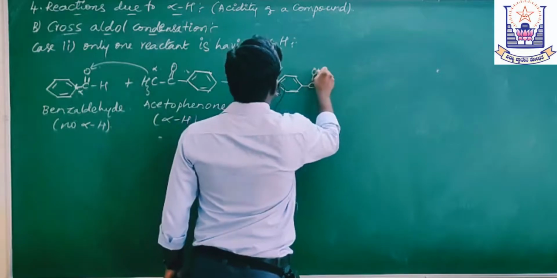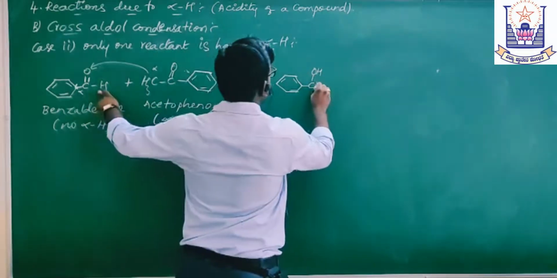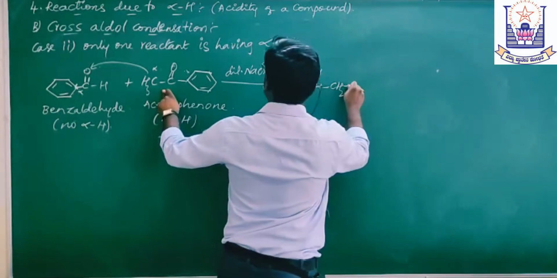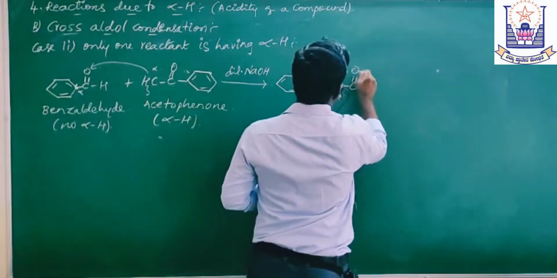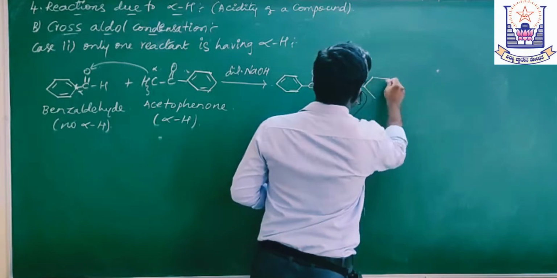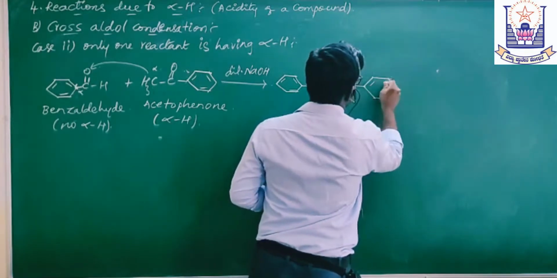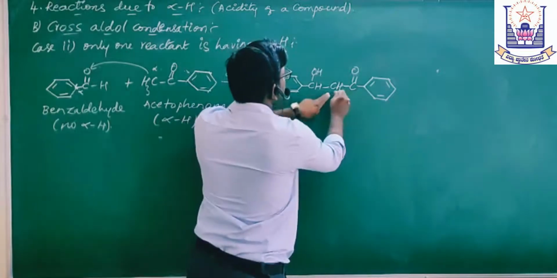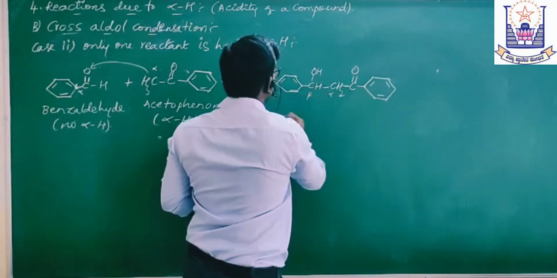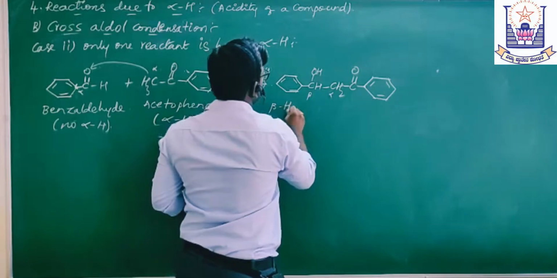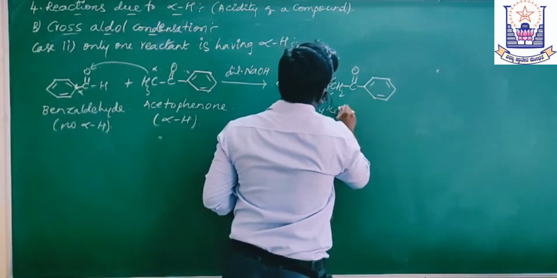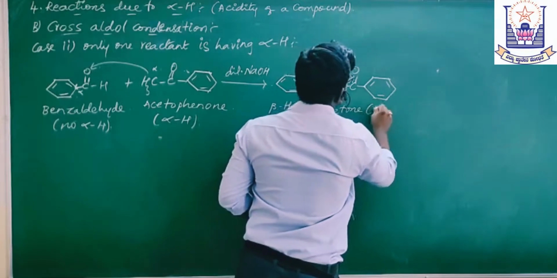This becomes OH. This is CH again, and this is becoming CH2. This is C double bond O, benzene. With respect to this is alpha, this is beta. It is a beta hydroxy ketone.